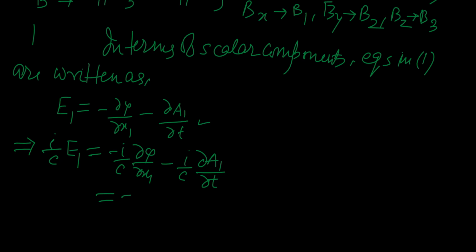So you can write it as del by del x1 of i over c phi, plus del A1 by del ict.